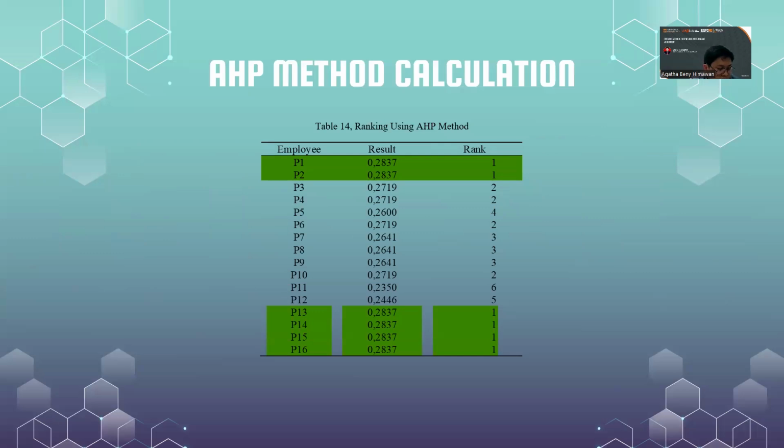The first rank was obtained by 6 employees with the same preference value of 0.2837. P11 employee received the lowest score with a preference value of 0.2350.